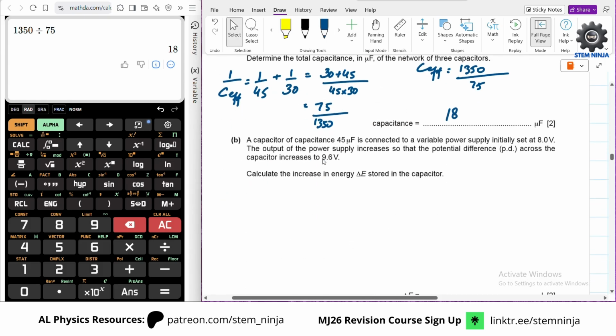Okay. The capacitor of capacitance 45 microfarad is connected to a variable power supply initially set at 8 volts. The output of the power supply increases so that the potential difference across the capacitor increases to 9.6 volts. Calculate the increase in energy stored in the capacitor.